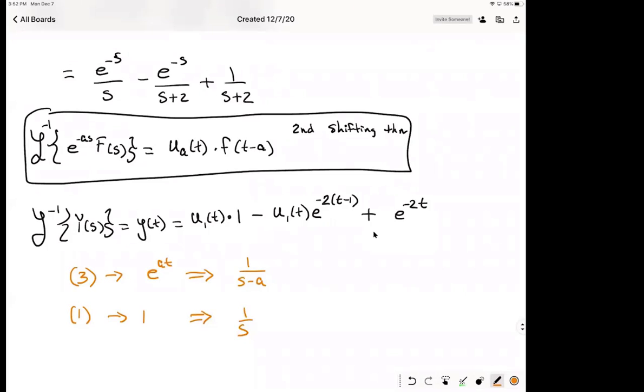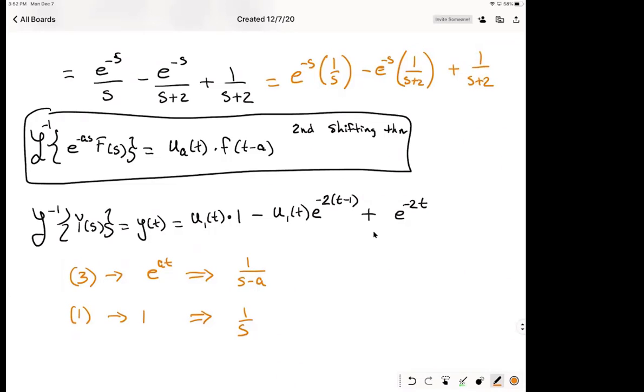And when I look up above here, this part is equal to e to the minus s times 1 over s, and then minus e to the minus s times 1 over s plus 2, and then no shifting theorem needed for the last term. That's just a standard Laplace transform, 1 over s plus 2.